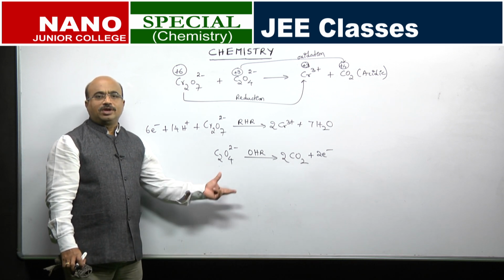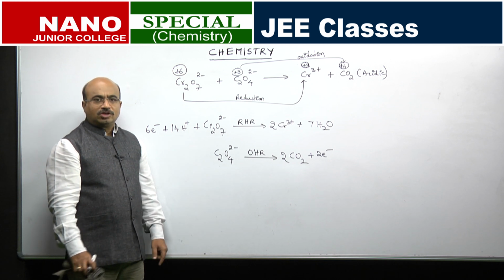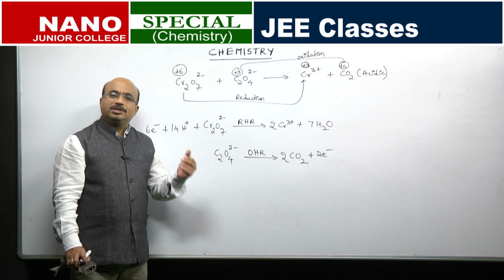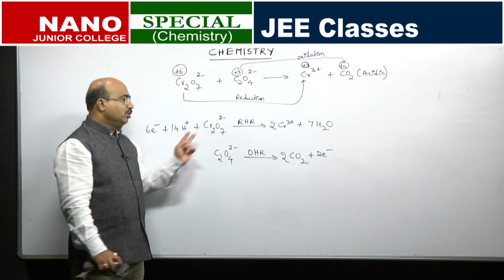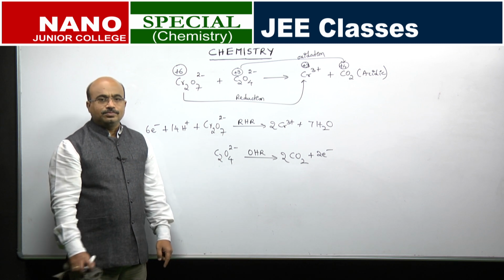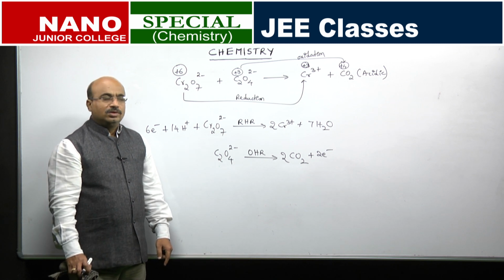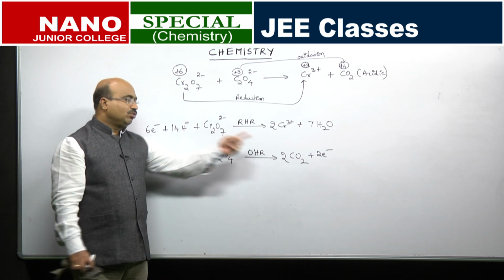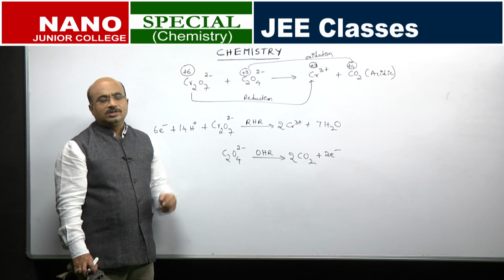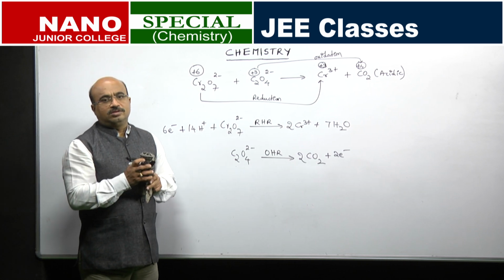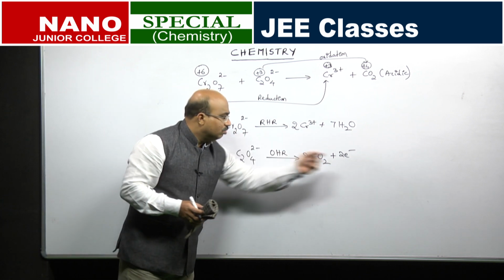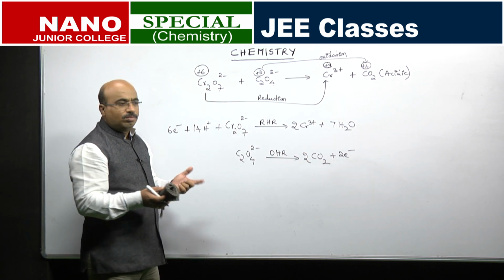Now, each half reaction is balanced with respect to charges, with respect to atoms, everything. Now, we have to add these two reactions to get the complete equation. But here 6 electrons are there, here 2 electrons are there. We have to see that the electrons must be the same, then we can add these. So, how to make 6 and 2 equal?